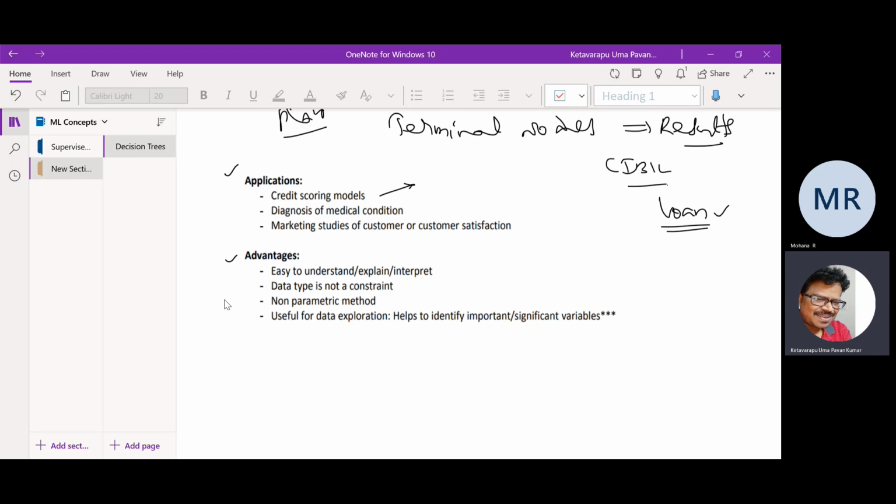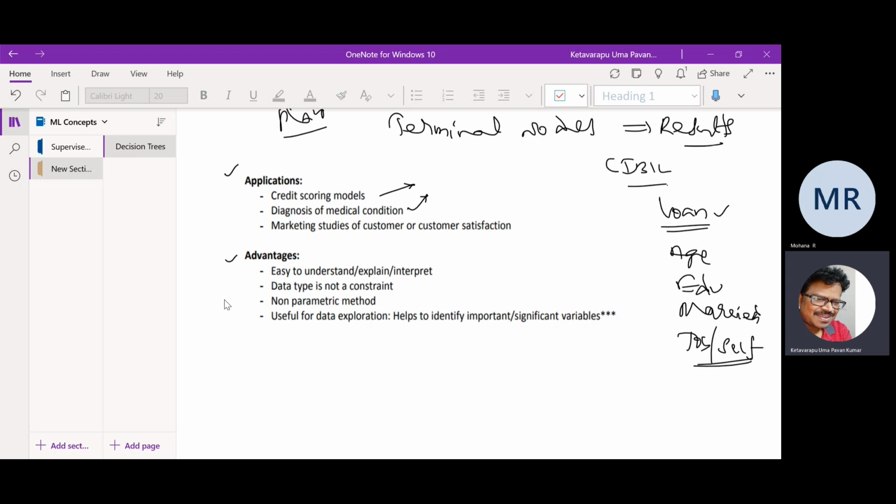So in those particular cases, based on the customer's dimensions like age, education, whether he or she is married or not, and whether he is in a job or self-employed, many things would be there. So to achieve these kind of CIBIL scores and credit score models, we can make use of the decision tree as a best thing.